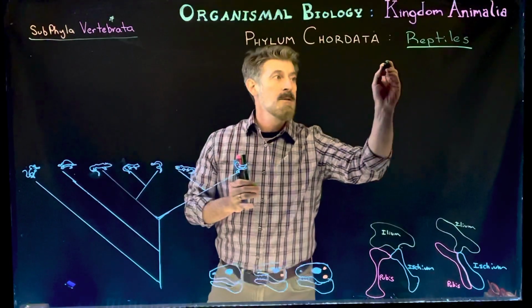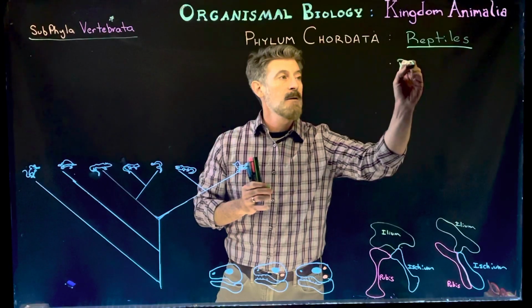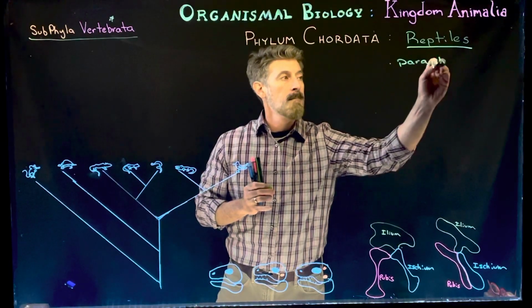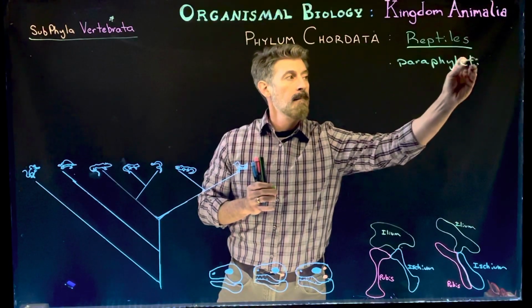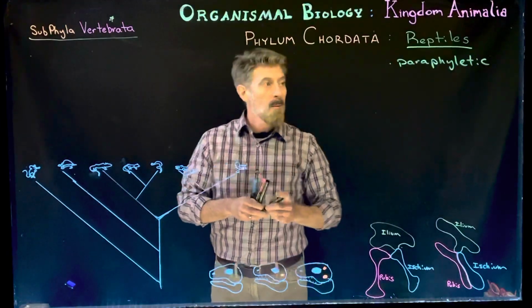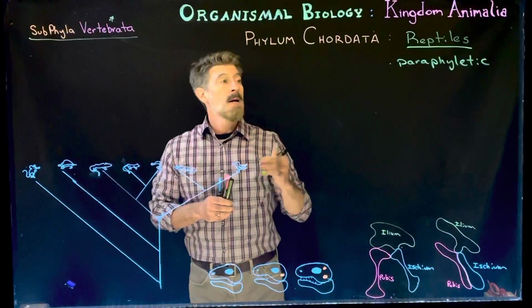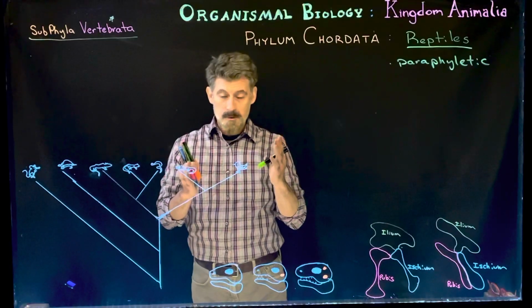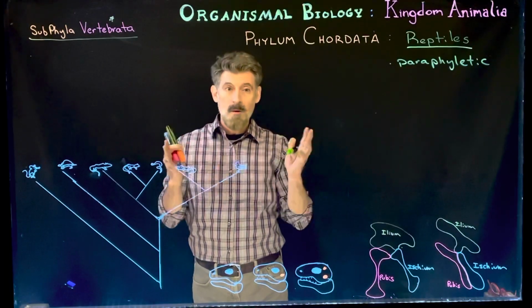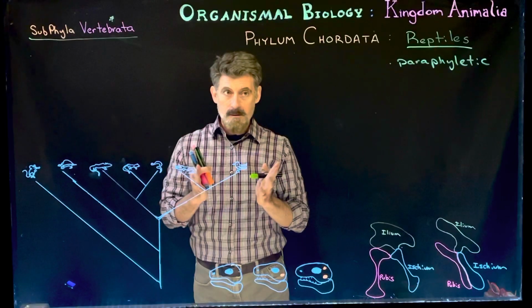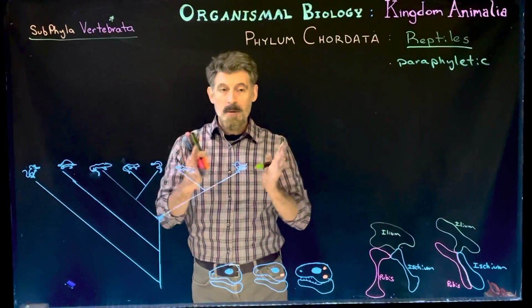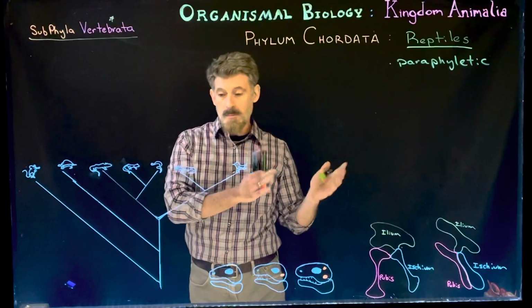Now, reptiles themselves are a paraphyletic group. So hopefully you remember what that means. Monophyletic groups are groups where all the members share a common ancestor, and all the descendants from that ancestor are part of the group.